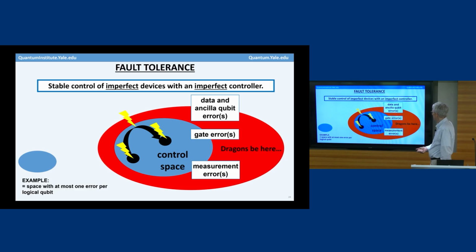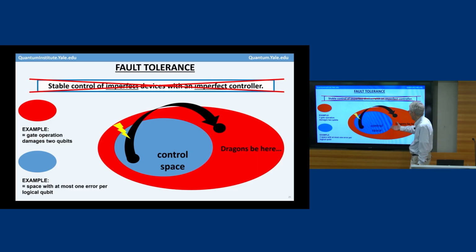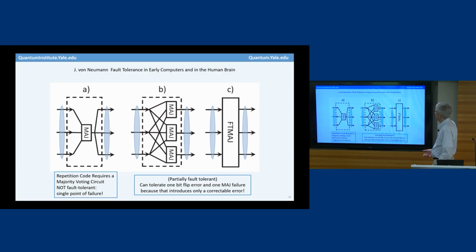But suppose something happens that causes errors to spread. So now you have 2 errors because you did some gate operation. Then you fail. You're not completely fault tolerant.